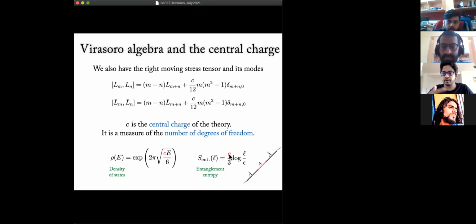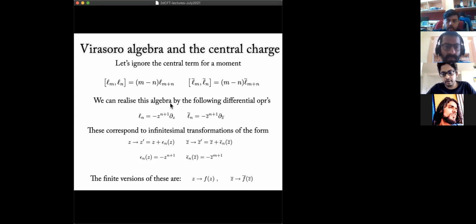So this is another way to see that this measures the number of degrees of freedom, as entanglement entropy is a measure of how quantum information is distributed across your system.